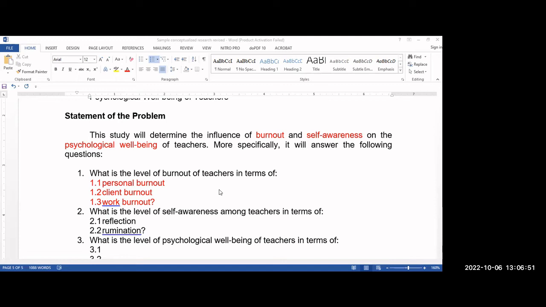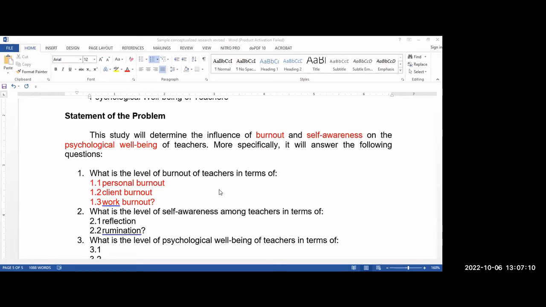So something like that. There are questionnaires that are really multidimensional. So you have to specify it in the statement of the problem. As to how many categories or indicators, it will depend upon the questionnaire that you will be using.